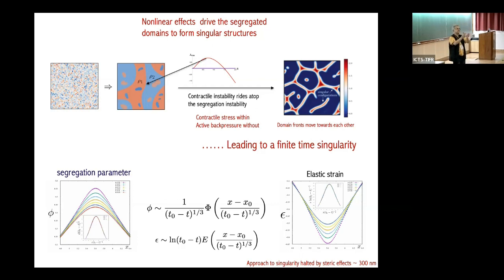So it compresses and the local density gets enhanced. One can analyze the shrinkage and the divergence of the amplitude of phi by matched asymptotics and a finite time singularity calculation, using a dominant balance calculation to get this form.